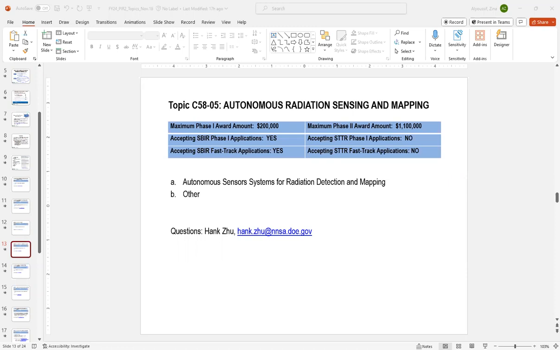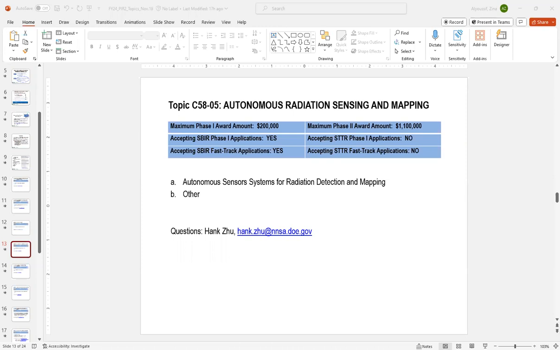So this topic encourages developers to develop fully autonomous radiation detection technologies, leveraging recent advances in nuclear sensing, computer vision, AI, machine learning, as well as unmanned aerial and ground vehicles. The technologies would enable remote operations without human intervention and deliver real-time data fusion capabilities, as well as providing red-nuke mapping, geolocation, and visualizations to the operators.